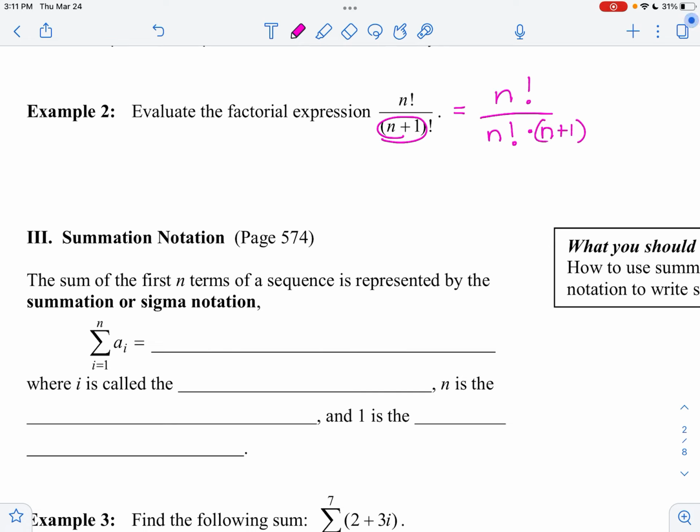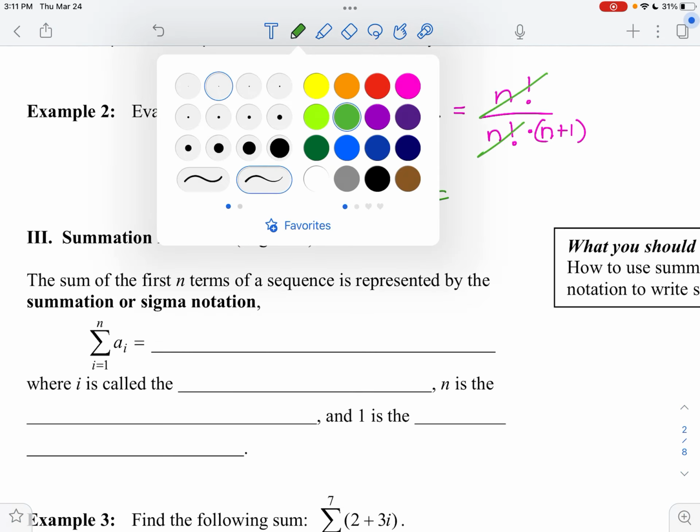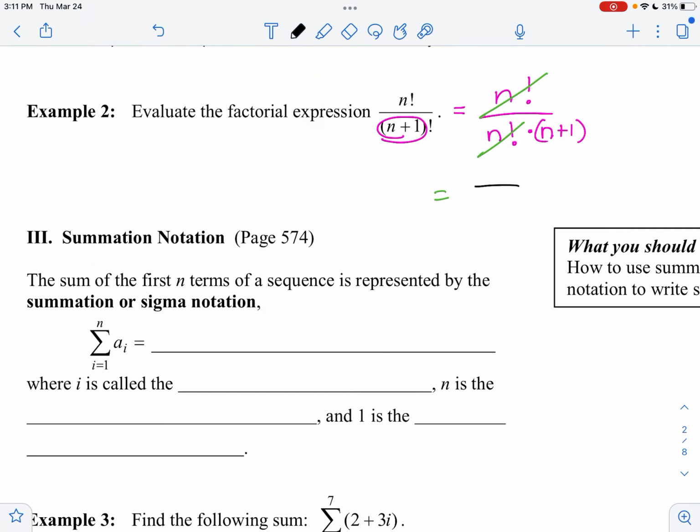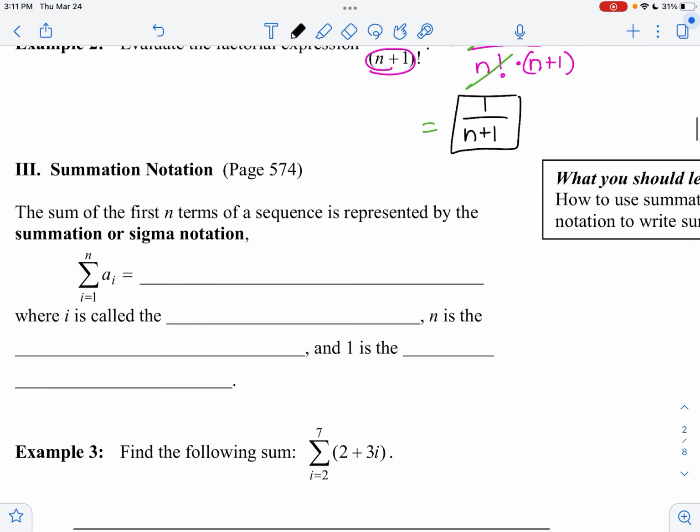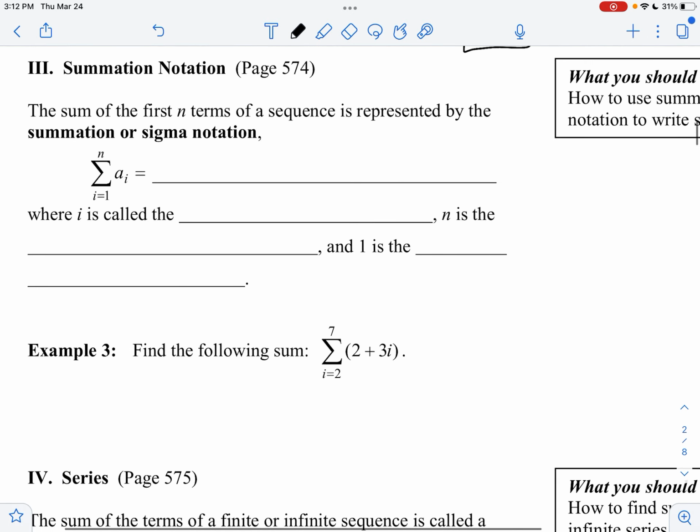Well, because we know n plus 1 is 1 more than n, these cancel out. And then we're just left with 1 over n plus 1. And there's our answer. So it's that idea of knowing what a factorial is and what the numbers are up to that, even when we don't know that value.